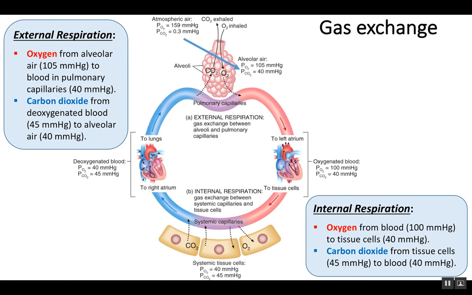So we can keep this fairly simple as long as we understand that diffusion allows molecules to go from where there is a high amount of that gas to where there's a low amount of that gas. We just have specific names for these two types of diffusion: external respiration and internal respiration.